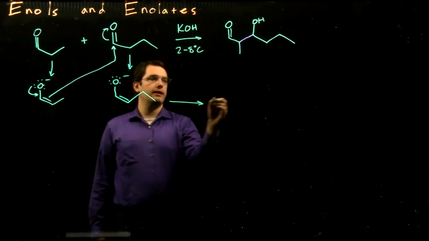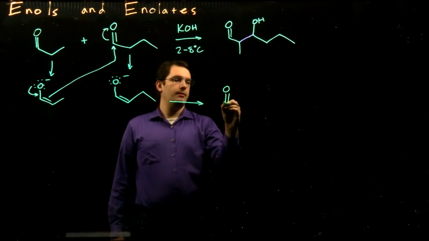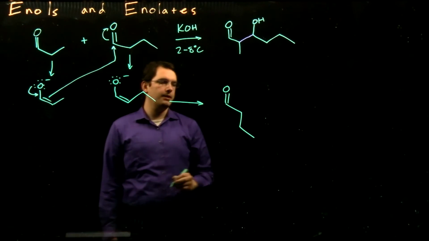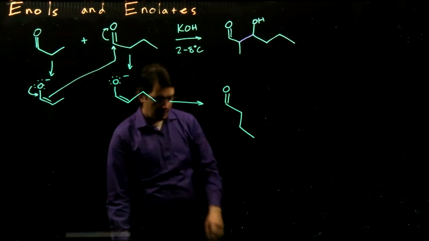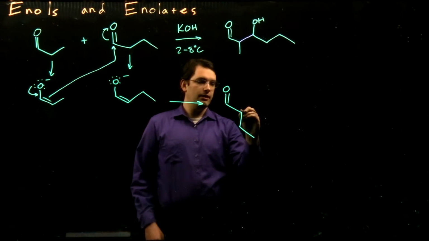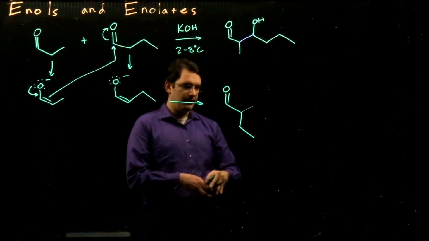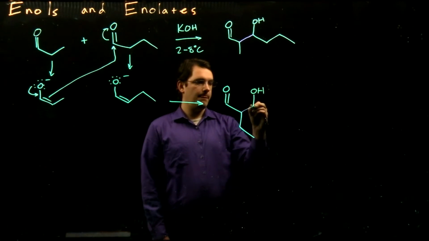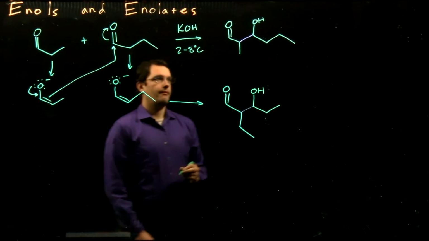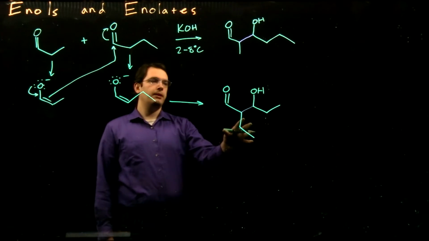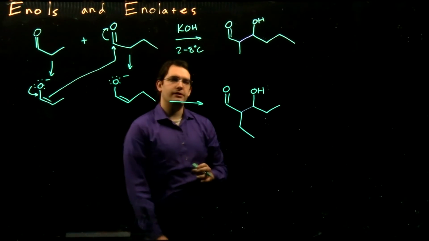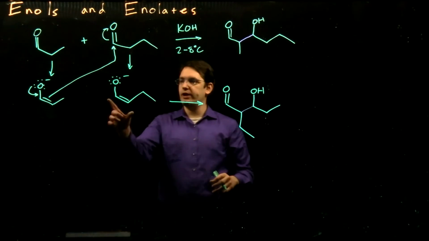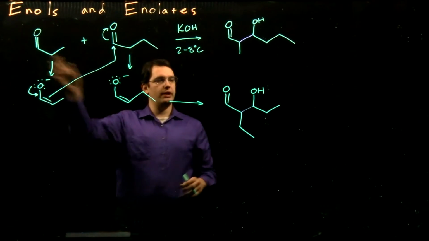So if those two reacted, our carbonyl now would be longer, so we'd have our 4-carbon carbonyl, and that would be bonded to our 3-carbon carbonyl that becomes the alcohol. A completely different product compared to our original reaction, just based on which enolate attacked which carbonyl.